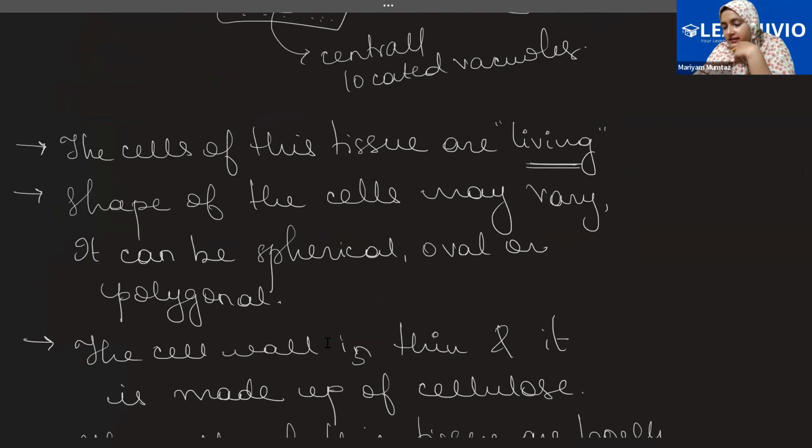Other than that, if I give you two cells, how would you understand that one cell is living and the other cell is not? If the nucleus is active. Yes, the nucleus is active. You're very close to it.